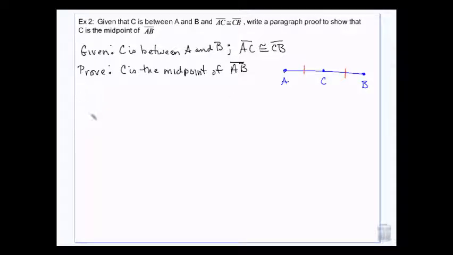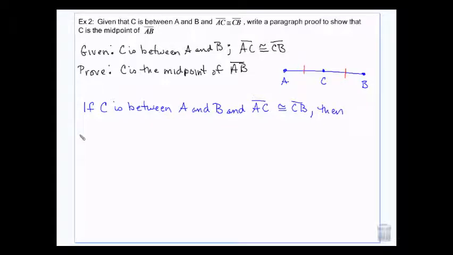Right, so I can say if C is between A and B, and AC is congruent to CB, then AC is equal to CB from the definition of congruent.